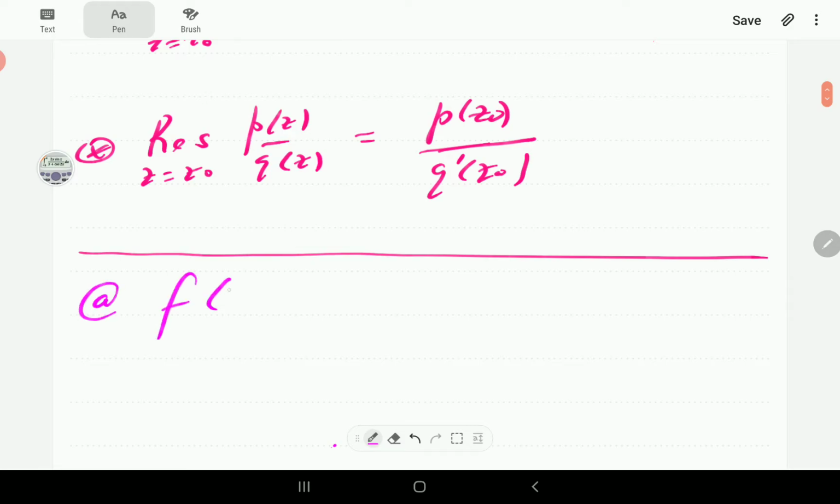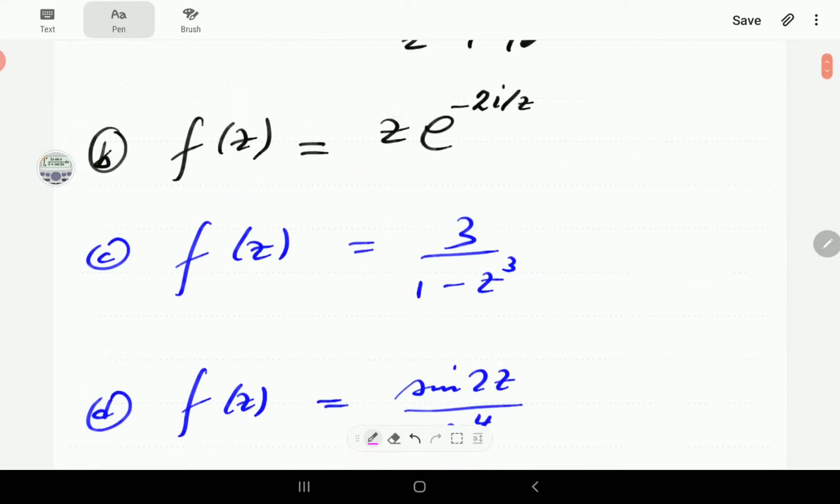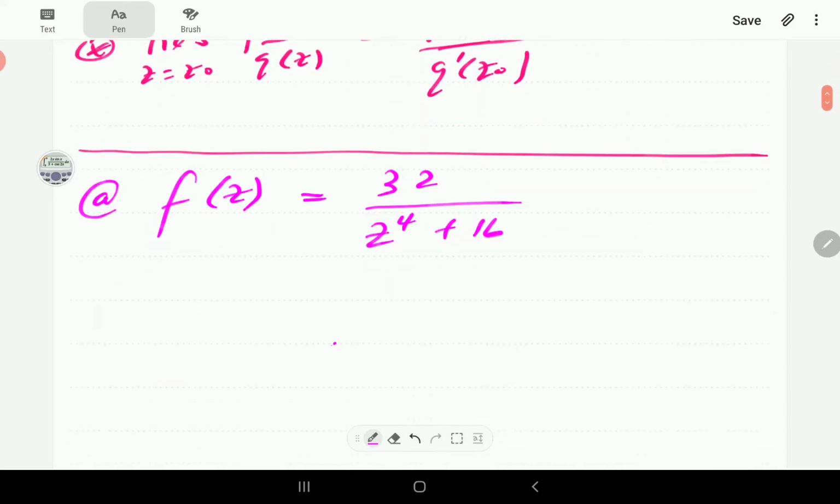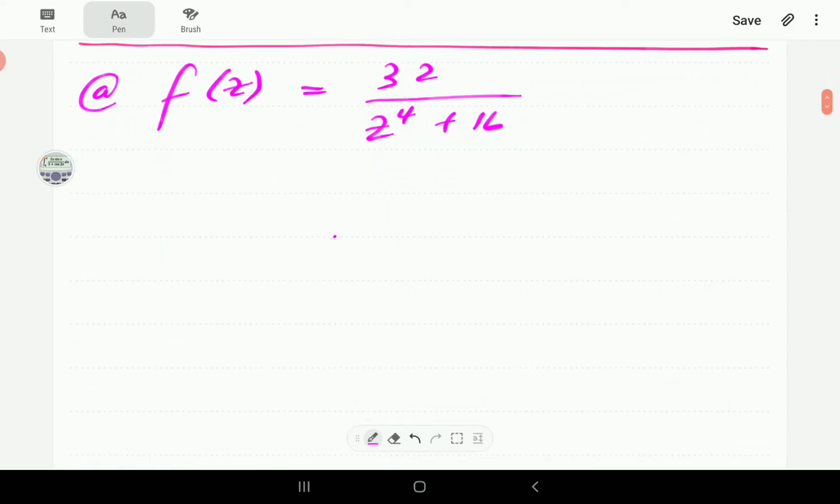In the first one, we've got f of z equals 32 over z to the power 4 plus 16. The first thing we need to do is find the singularities, which will happen when z to the power 4 plus 16 is equal to 0.